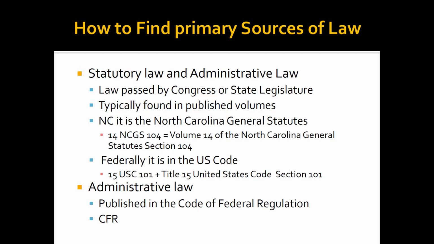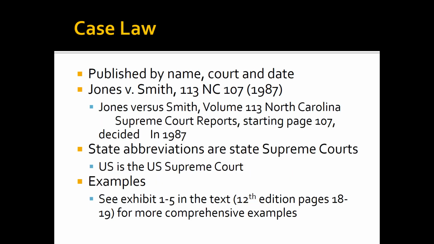Federally, we don't call them volume or chapter, we call them title. So if you're looking for a particular title, it would be Title 15, USC, US Code, and then section 101. Administrative law is all published in the Federal Register, which comes out every day of the year, and there's a copy of it available.